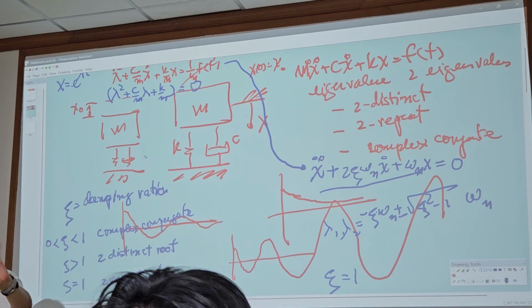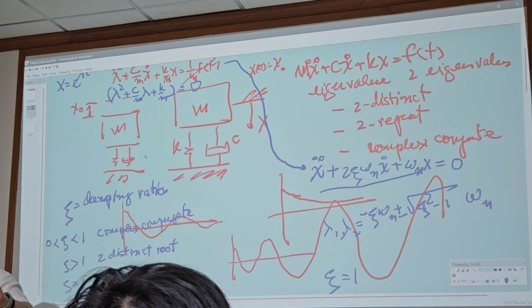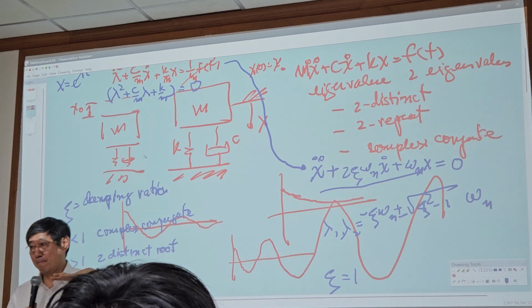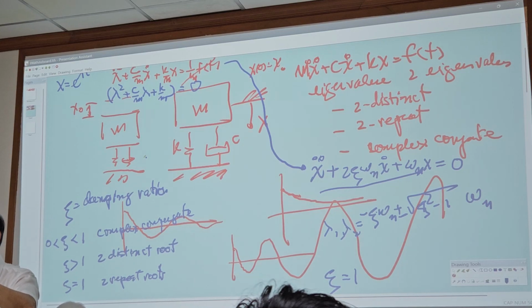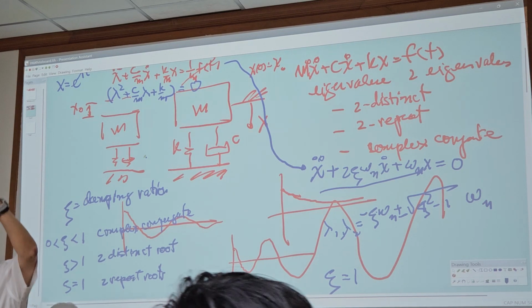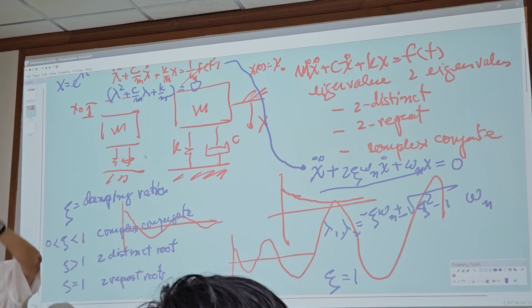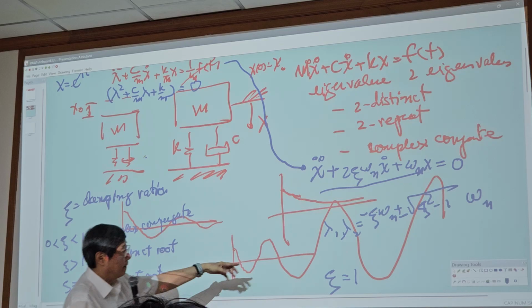Inhomogeneous, no. Right? So, to have this one, you have to have F. The system itself is stable, right? But F, this one, is actually equal to the natural frequency. It will be something like this one.